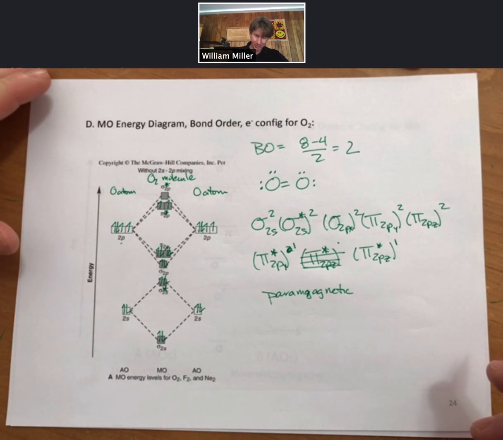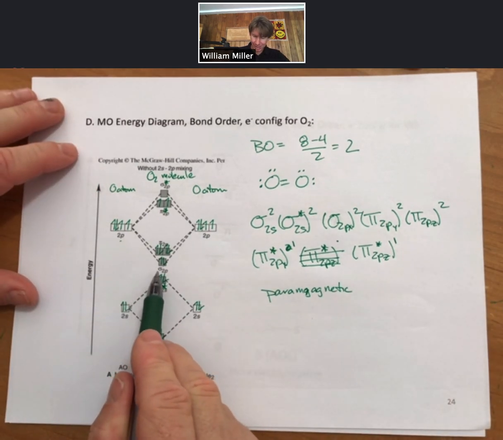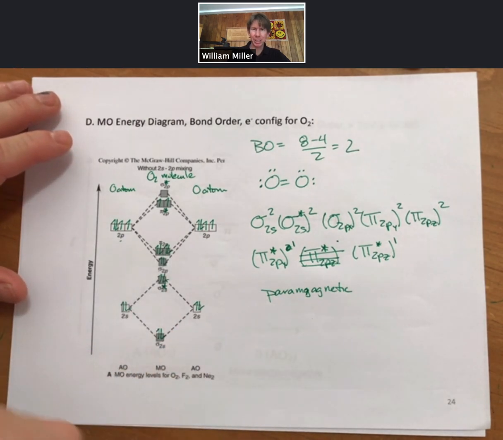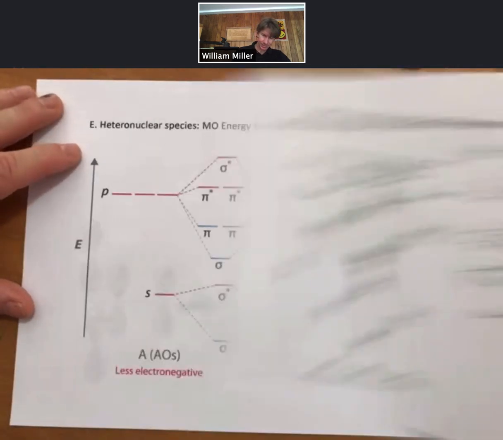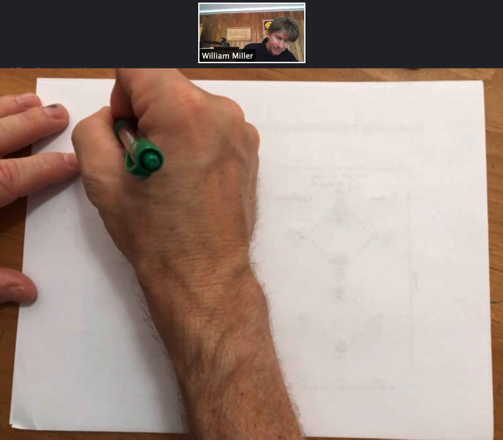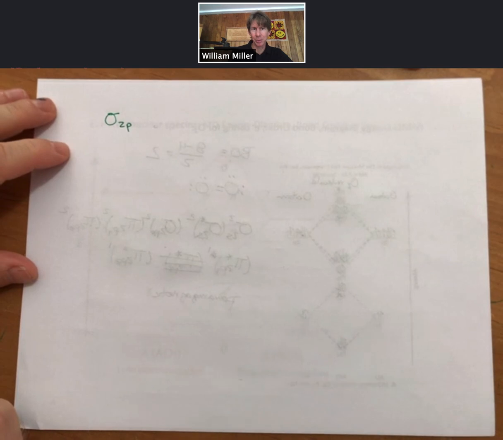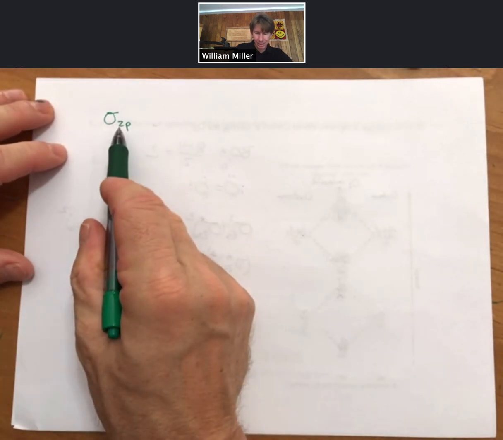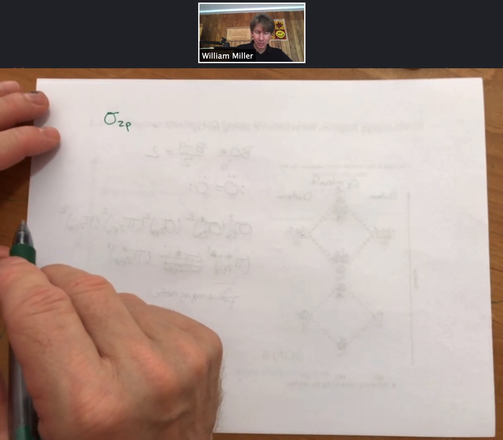Let's see. One other thing I wanted to do, I wanted to talk about what is a sigma 2p versus a pi 2p, at least for the bonding molecular orbitals. For sigma 2p, if you're ever asked to make a sigma 2p orbital, remember that 2p means you're going to be using p orbitals.